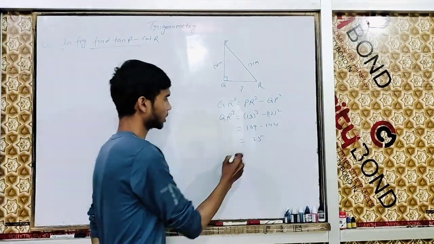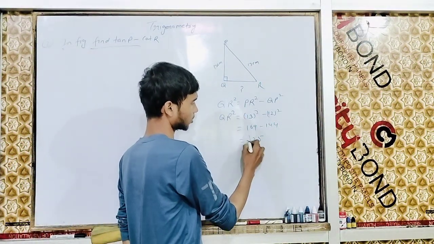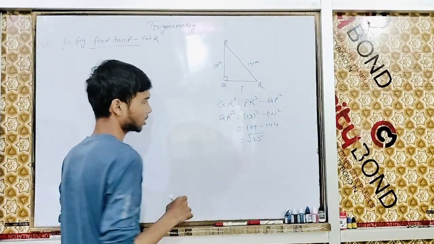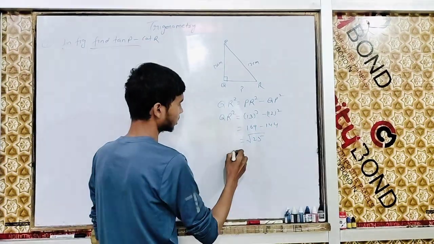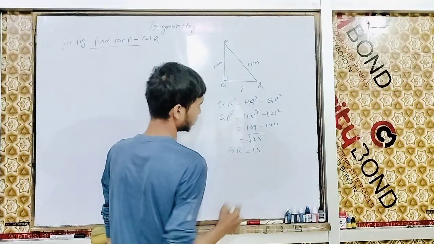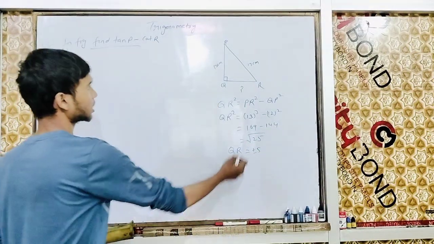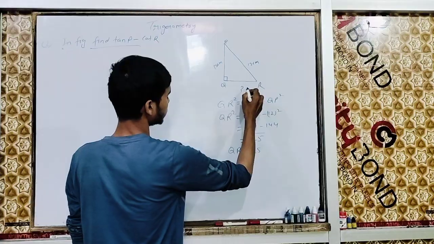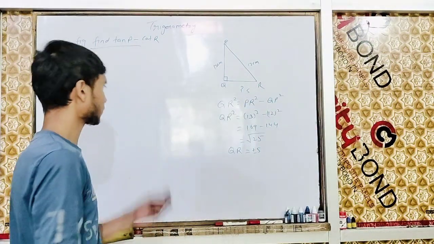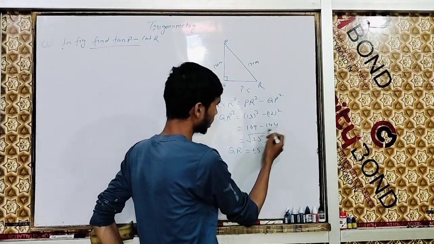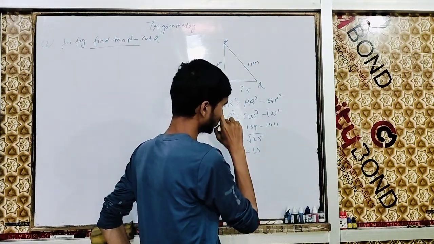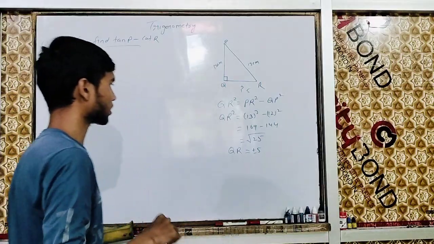Here, as you know, we have a square, so when it comes to this side, it will be a root. So finally, we got 5. It is saying that this is your 5. Yes, this is right.